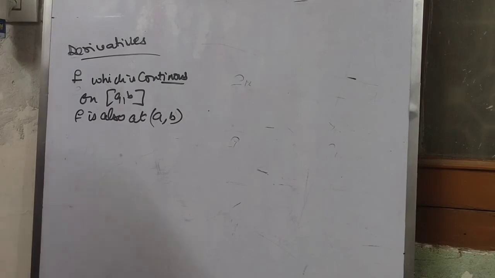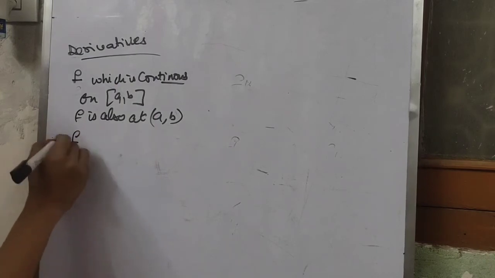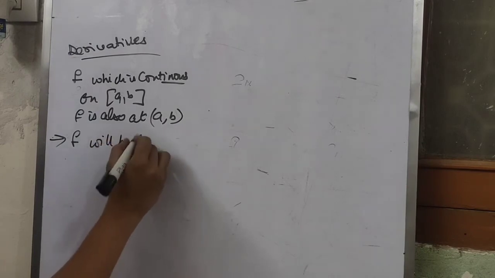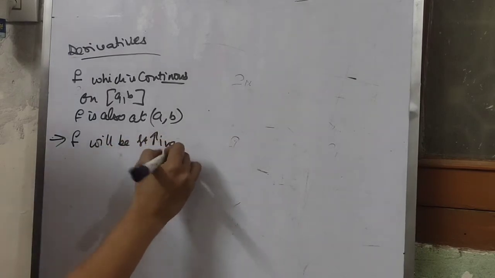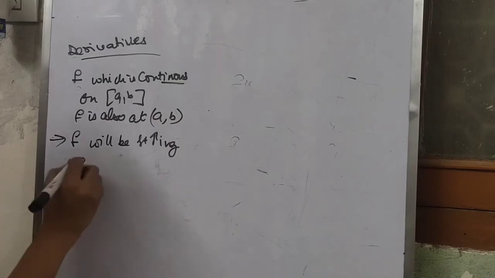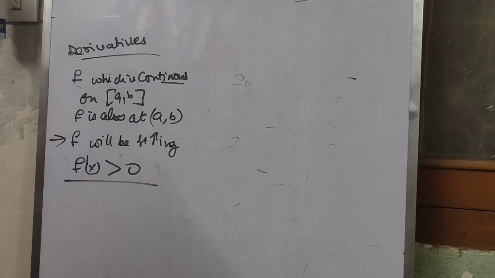And now if your function is said to be strictly increasing, that is, if f will be strictly increasing, if your f dash x turns out to be greater than 0. Now I'll do it with the help of an example.